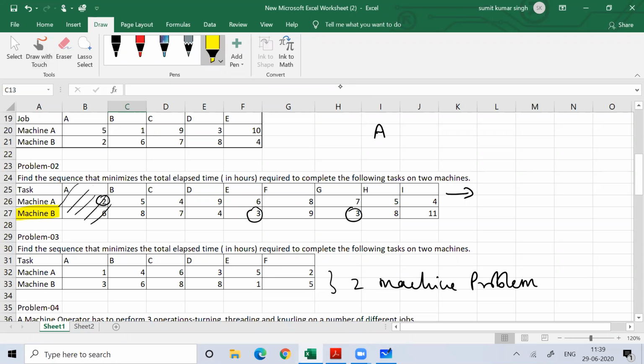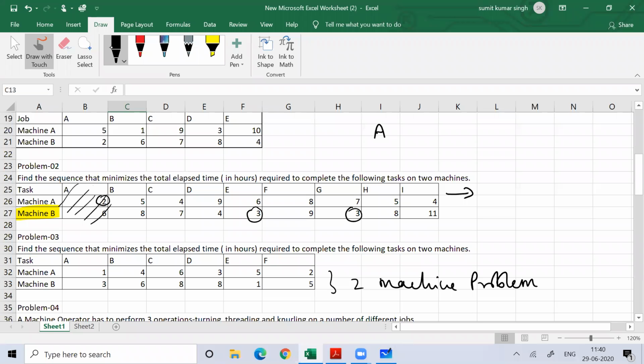Whenever we work on the sequencing problem, we first make the work to be done on machine A, and then we send the work to machine B, where the finished good of machine A becomes the raw material for machine B. So the 3 corresponds to machine B. Because 3 is the smallest value on machine B, this work would be done at the end.